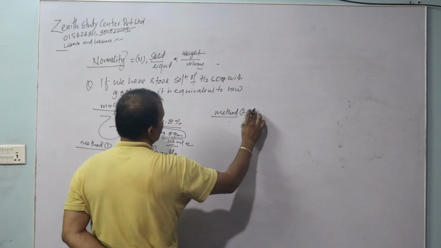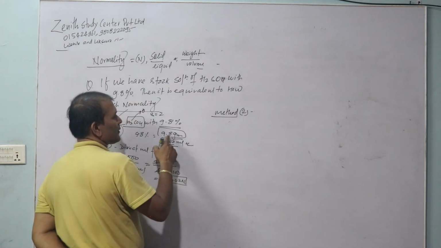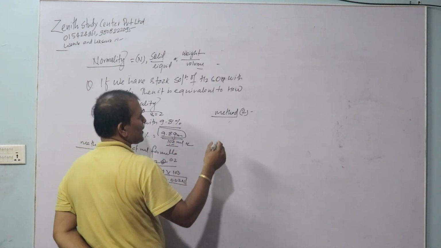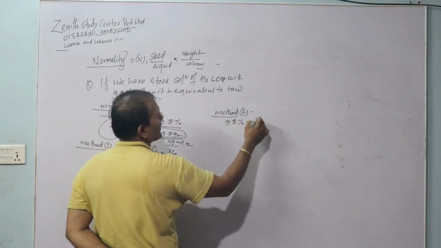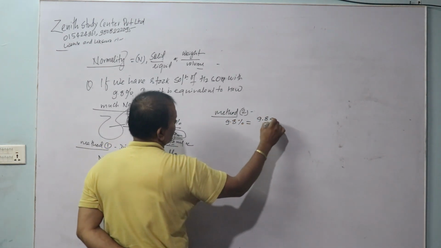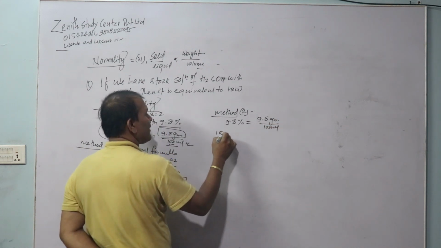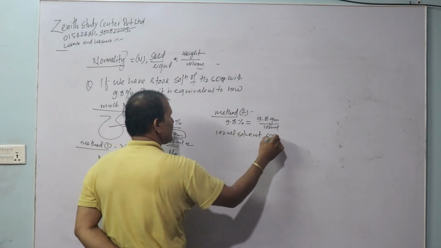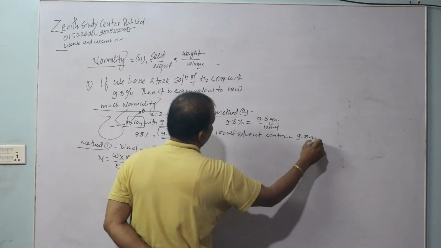Method 2, conversion formula. You can convert the 9.8 gram per 100 ml to gram per liter. So 9.8% means 9.8 gram per 100 ml. So this means that 100 ml solvent contains 9.8 gram.